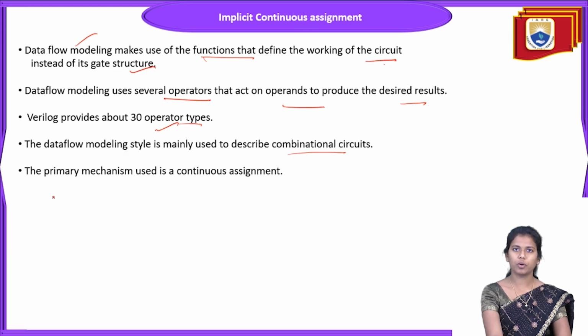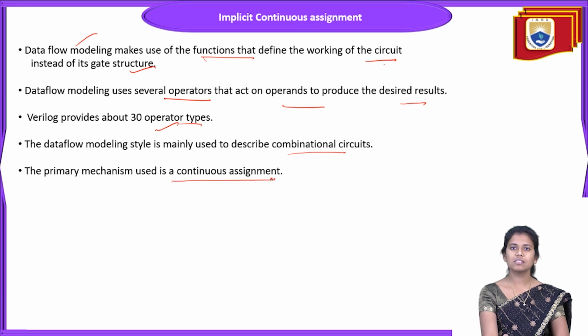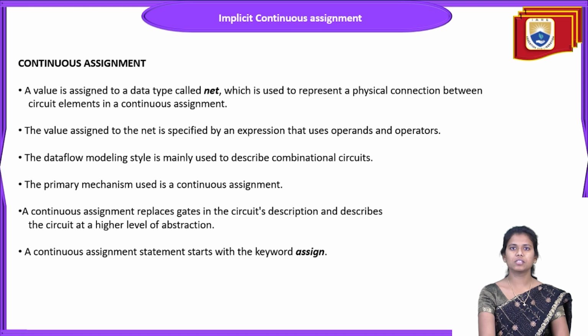Coming to the last point, the primary mechanism used is a continuous statement. Whether it is explicit or implicit, the main statement we see here is the continuous assignment statement. What is this continuous assignment?